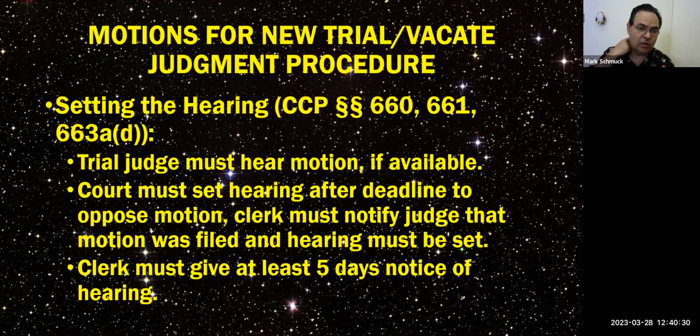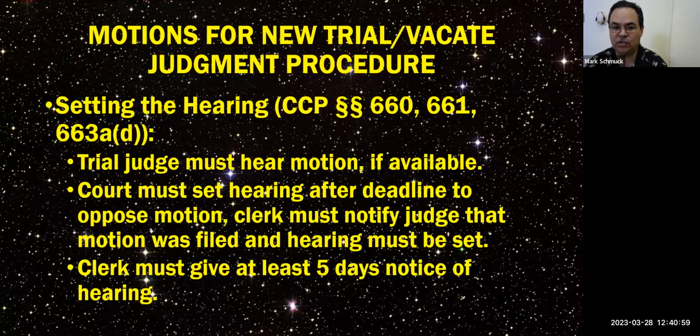Once that happens, the clerk must notify the judge that the motion was filed and a hearing must be set. Once the hearing is set, the clerk of the court must give at least 5 days notice of the hearing. Now, a couple of interesting points. If your motion is heard by somebody other than the trial judge, the court can decide on its own whether or not to decide the motion without a hearing.